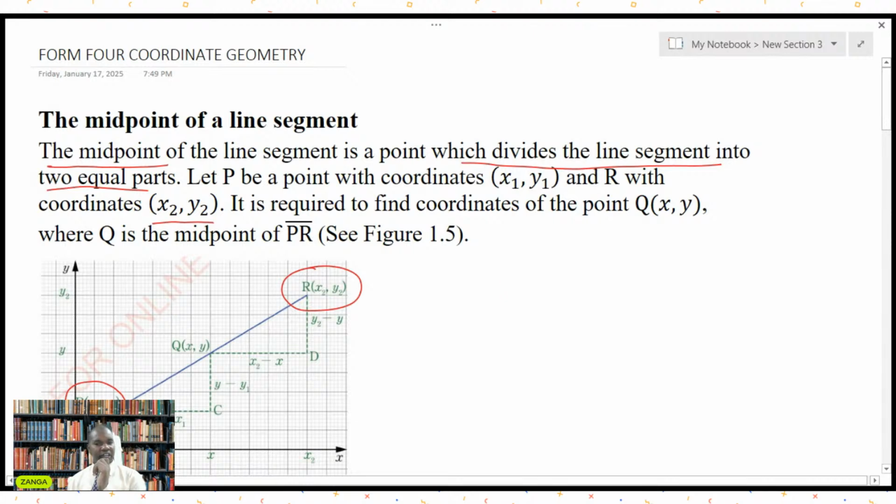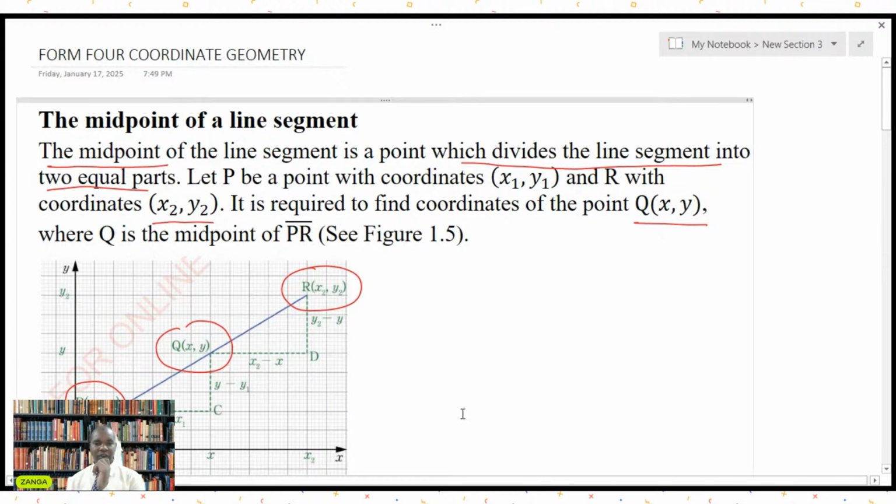It is required to find the coordinates of the point Q, and point Q is going to be our midpoint. So the coordinates of point Q are going to be x, y, where Q is the midpoint of PR.